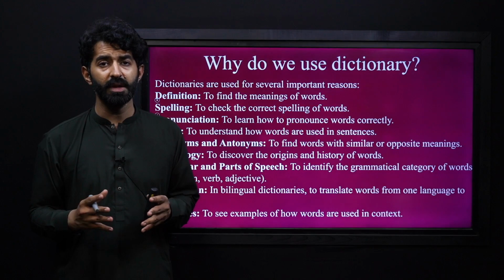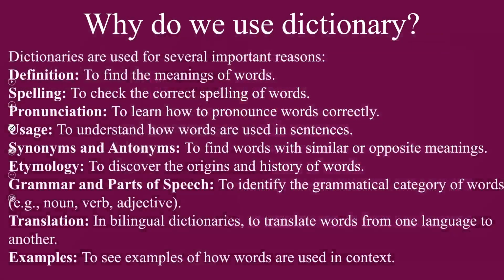Now let's see why we use a dictionary. So dictionaries are used for several important reasons. Number one, for the definition, to find the meanings of words. This is why we use a dictionary.